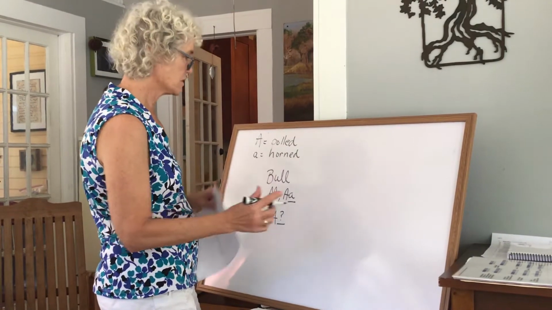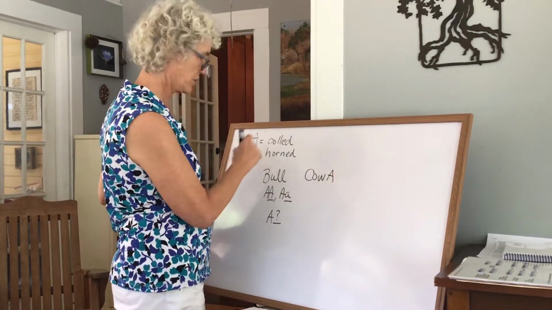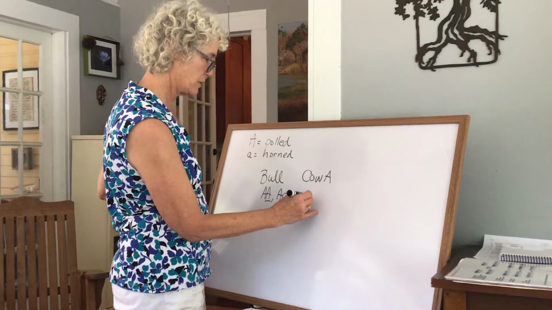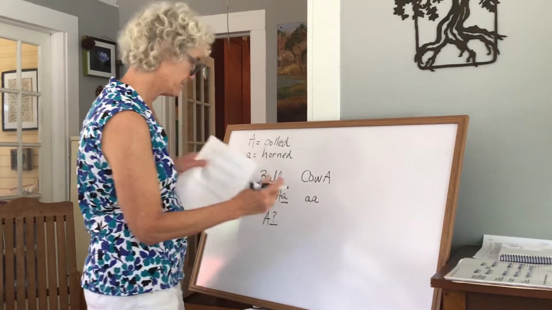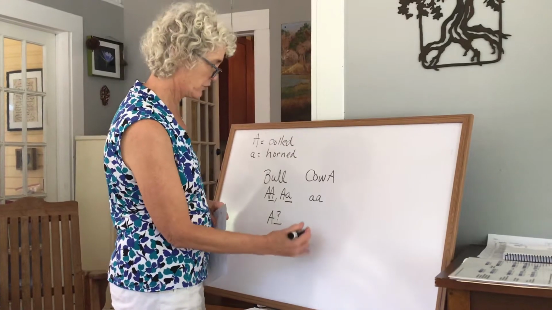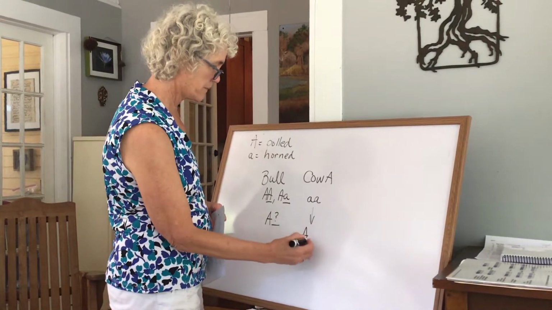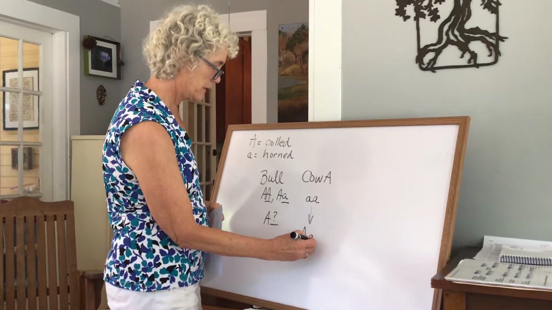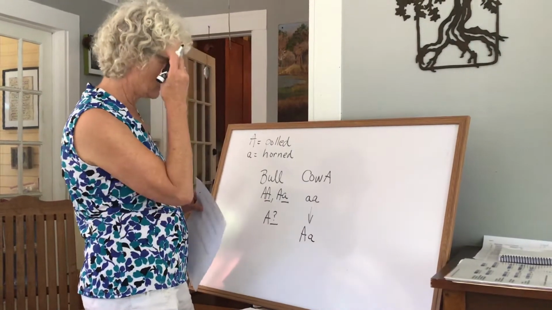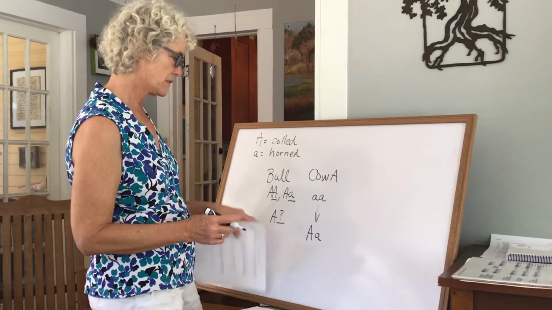Cow A, which is horned, so cow A, she's horned. So what is she going to be? She's going to be little a, little a. And she gives birth to a polled calf. So her calf is going to be capital A something, and that's going to be capital A, little a. So you still don't really know about the bull because he could have just donated that gene.